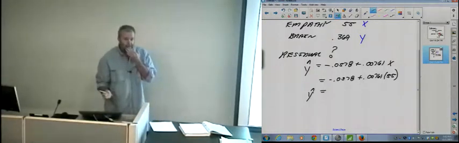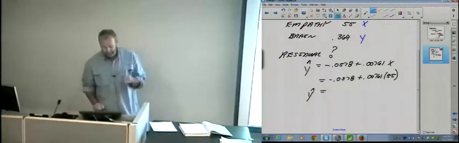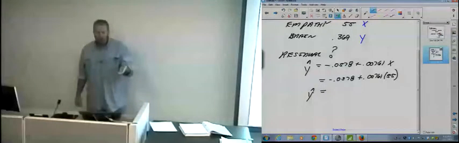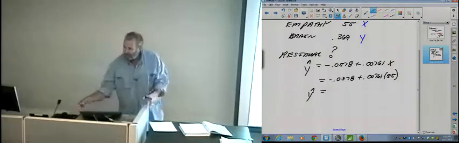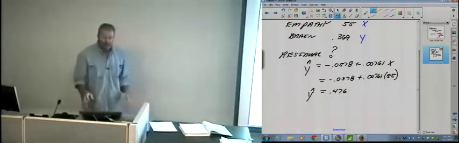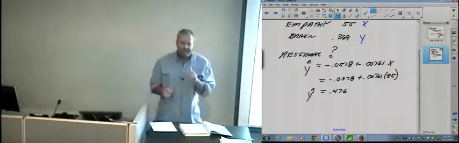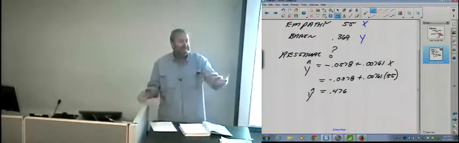Tyler? So we're going to take 0.00. What is it? 0.4766 would be good, right? Now, remember, that's what was predicted by the line, right? Was 0.476. What we observed was the 0.369.